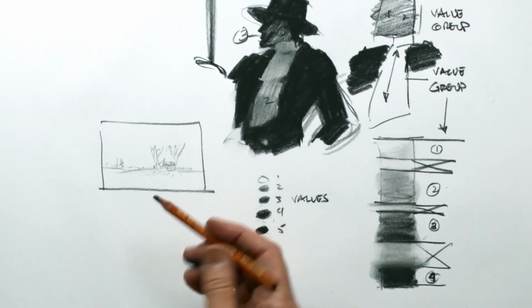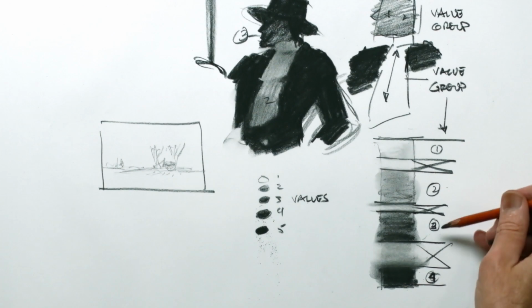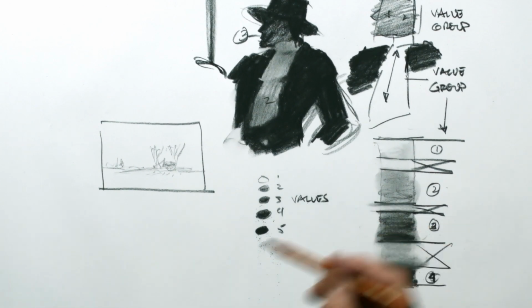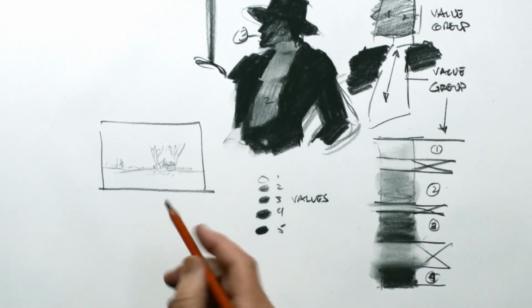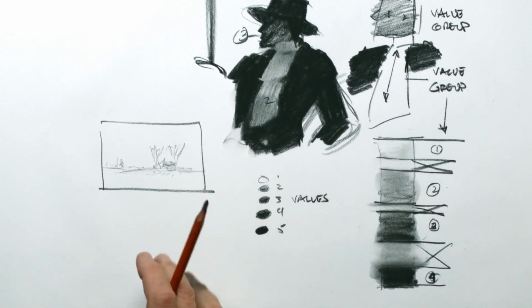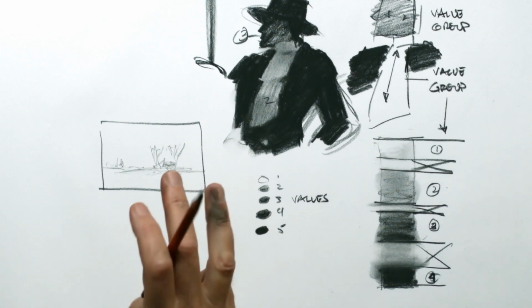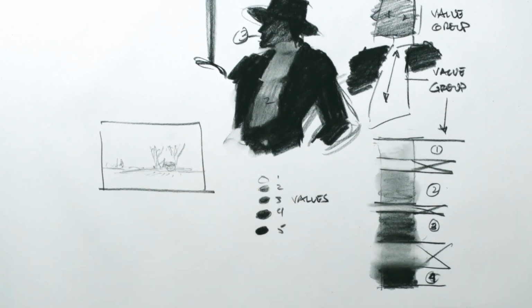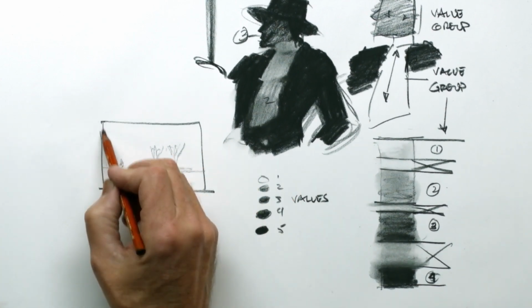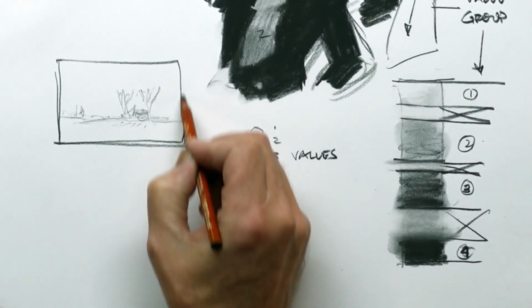The question is, high key would be 1 and 2, and low key might be 3 and 4. With your tonal key, there's not just one key, there's 2 keys. And that's what we've got to look at. This might be overall high key, like you had mentioned.